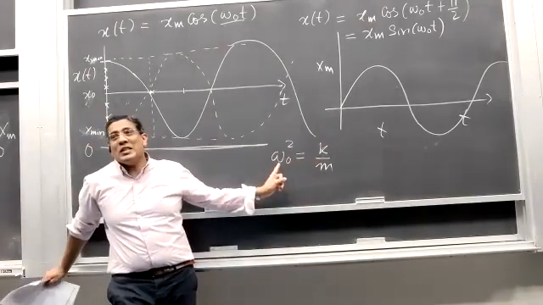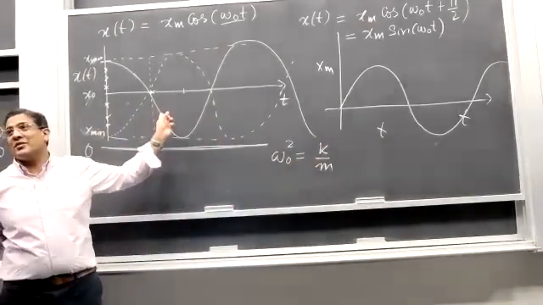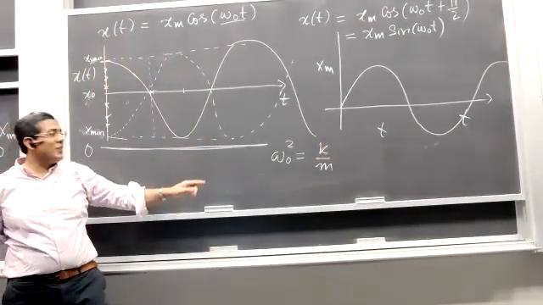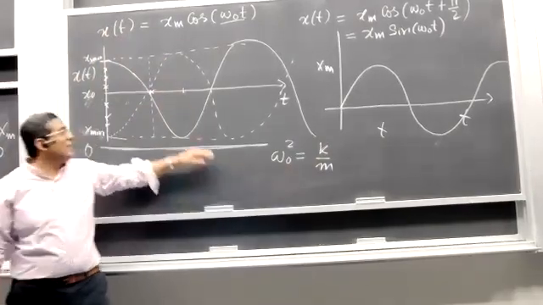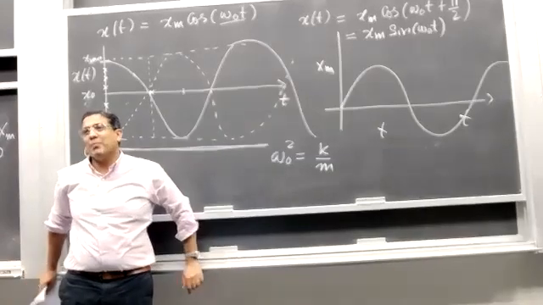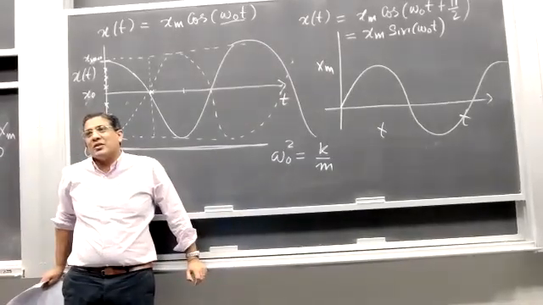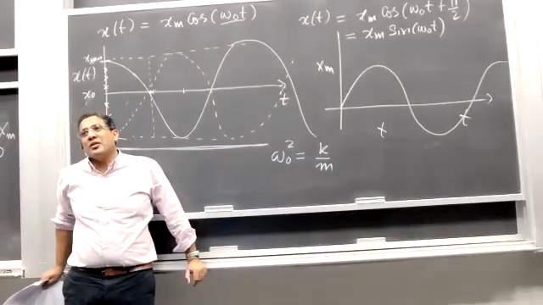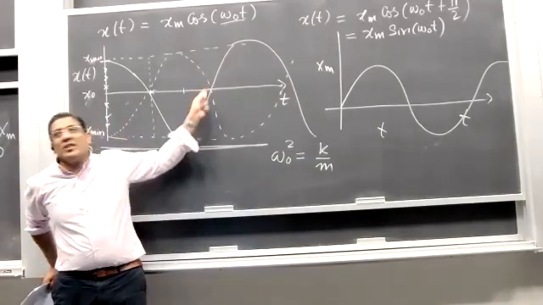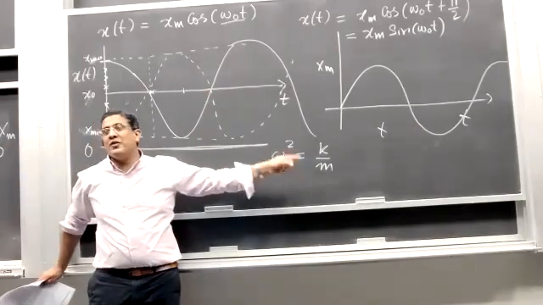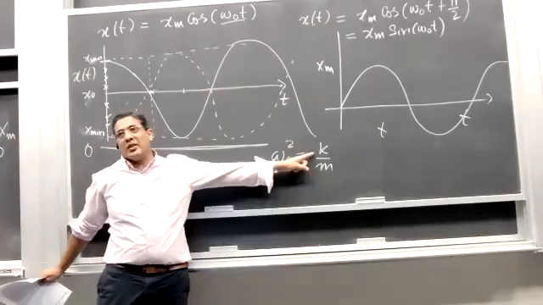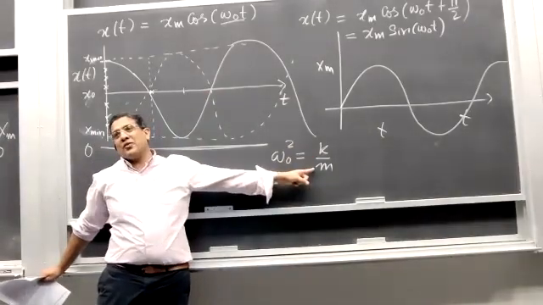But you see, frequency is not related to the amplitude here. You could be oscillating 2 kilometers from the equilibrium position with the same frequency, and just 2 centimeters from the equilibrium position with the same frequency. Both oscillators can have the same frequency with very different amplitudes. The frequency only depends on the force constant or the mass of the particle.